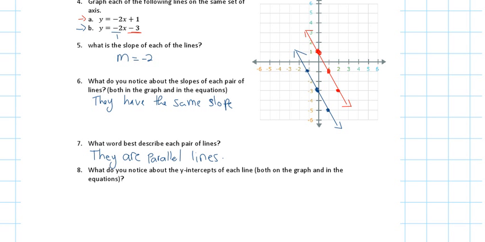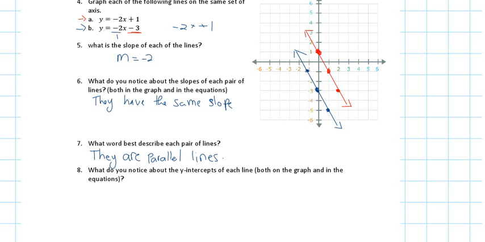Now, what do you notice about the y-intercept of each line? What is different? The y-intercept is different, right? What happens if my y-intercept was the same? If I had this one, and then my second equation was also the same, negative 2x plus 1, they will be on top of each other.